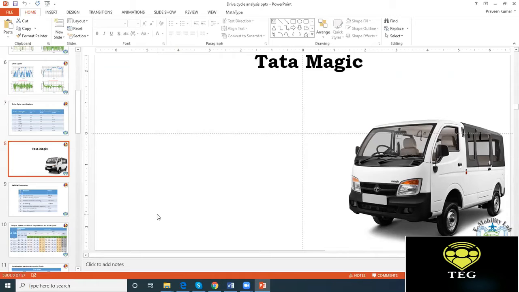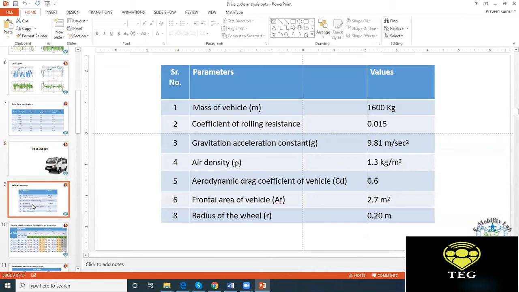Now, to apply the drive cycle analysis and to determine the size of the drivetrain which would be suitable for this vehicle, we first need to know some of the important vehicle parameters. The parameters that we are talking about are given here.